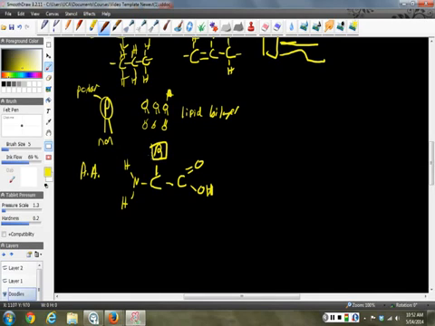Now that R group can have different properties, which will make the amino acid either polar or nonpolar, or I should say hydrophilic or hydrophobic. So if that R group has a lot of carbons stuck to hydrogens, like we've seen before, this would be a non-polar amino acid.